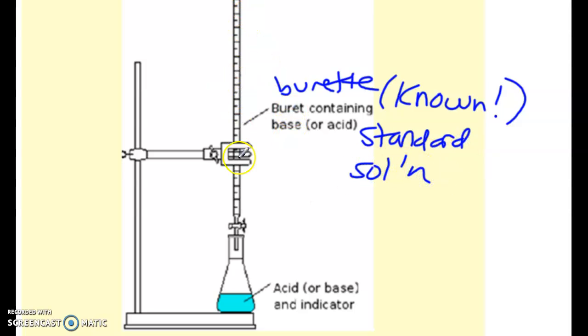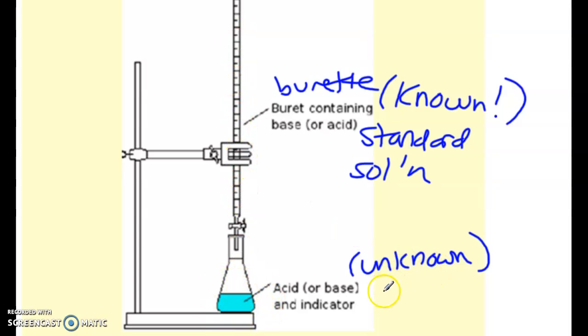The standard solution always goes into our burette. Then we have an Erlenmeyer flask, which is always used because it's really nice for when you're trying to swirl the contents. Erlenmeyer flasks are the best for this. This is where you're going to have your acid or base, but this is your unknown. So the one you know is in the burette, and the one you don't know is in the flask.